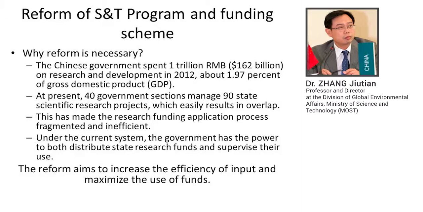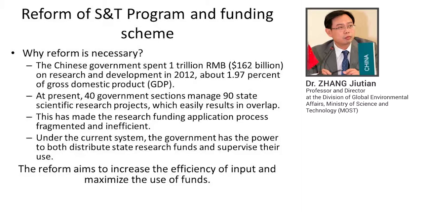But now there are more than 40 government agencies that manage 90 programs. This easily results in overlap and also made the research funding application process fragmented and insufficient. That is the big changes for the funding system.